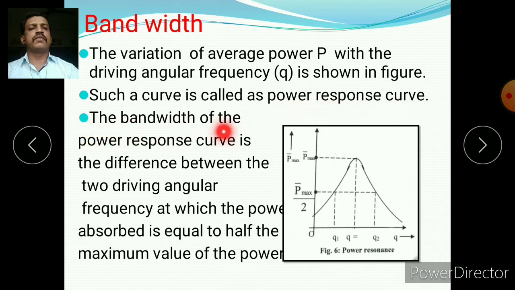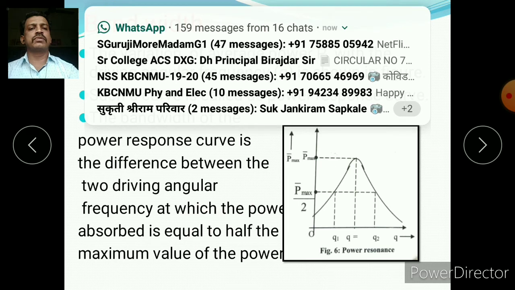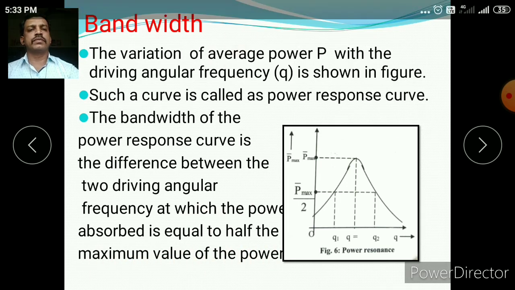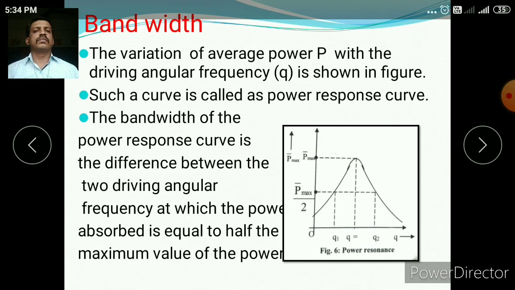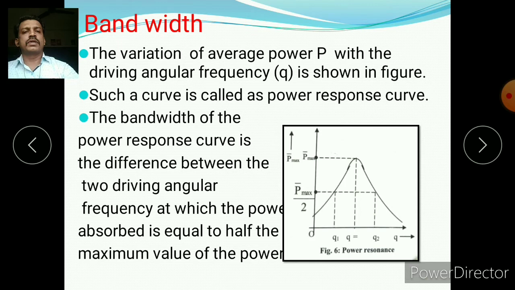The bandwidth of the power response curve is the difference between the two driving angular frequencies at which the power absorbed is equal to half of the maximum value of the power.